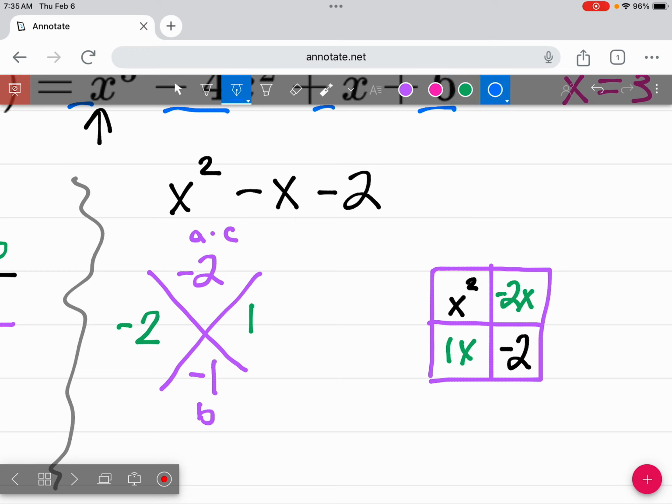Pulling our factors in columns and rows. What is shared between x squared and x? Just an x. What is shared between minus 2x and minus 2? Minus 2. What is shared between x squared and minus 2x?